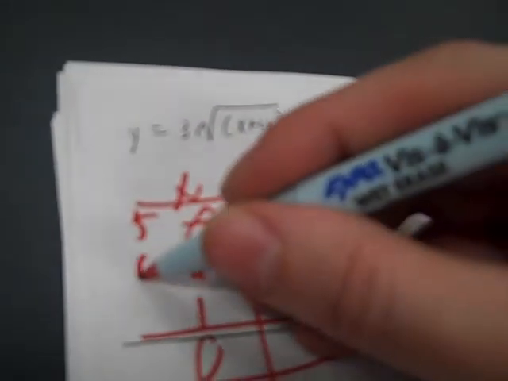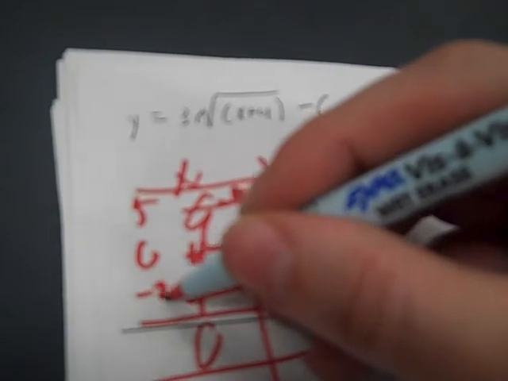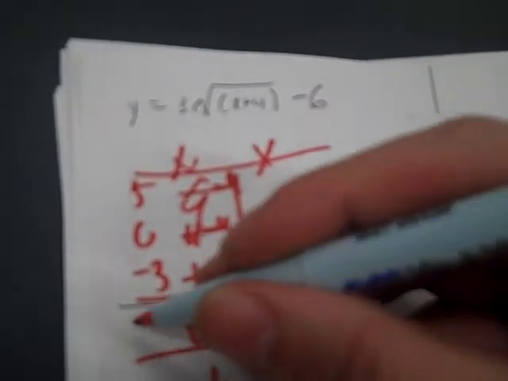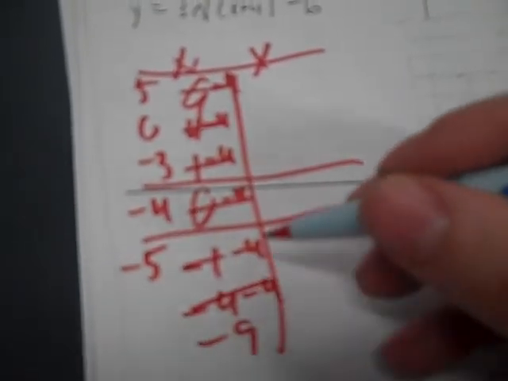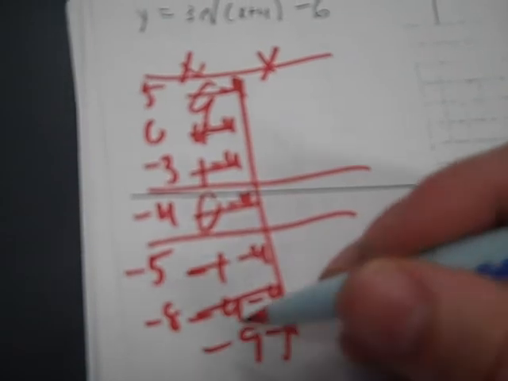I don't want a plus 4 there. Minus 4. Negative 5. And I'm not talking a lot because you can easily see what I'm doing. Okay, and away we go.